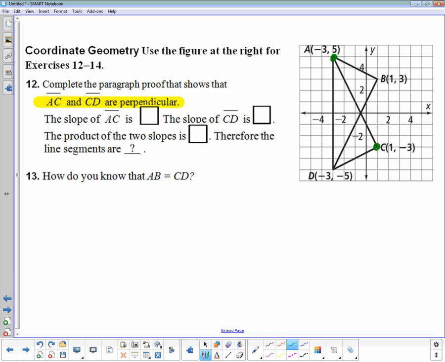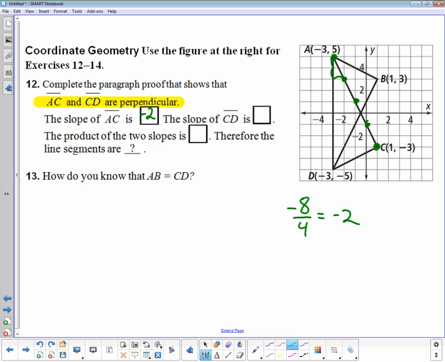It's a negative 8 over 4. Just count it. Or you can even see that slope is the same here. So down 2 over 1.